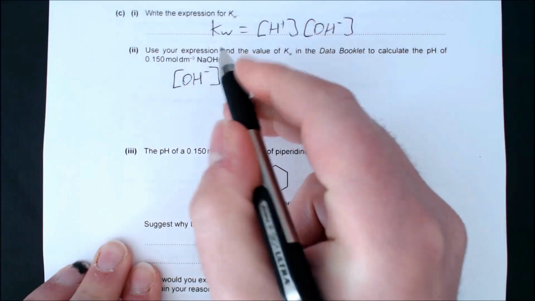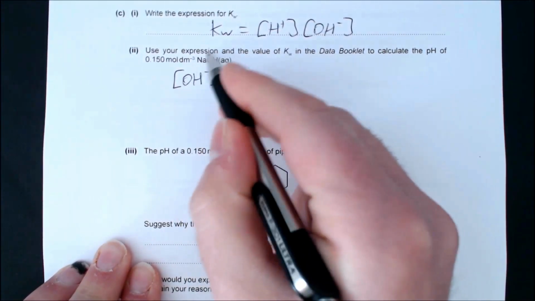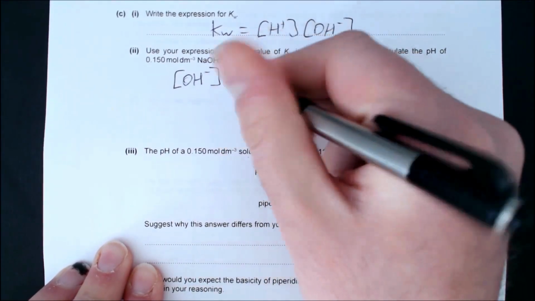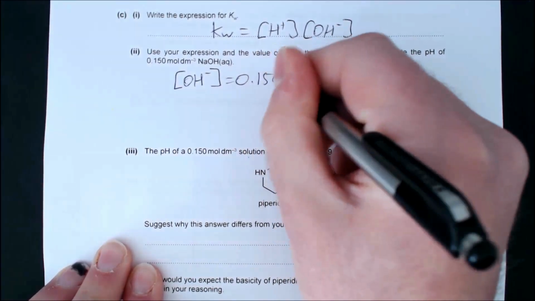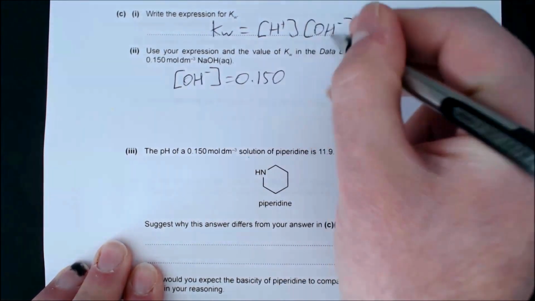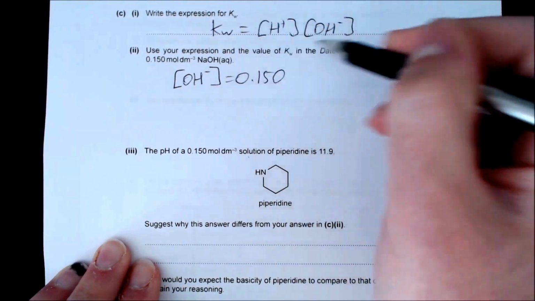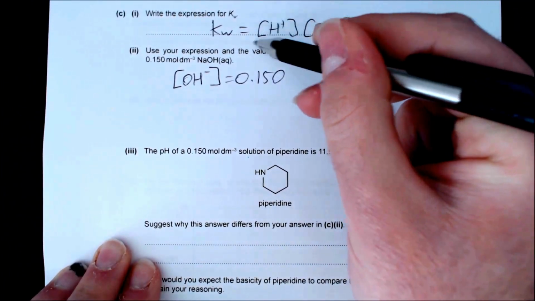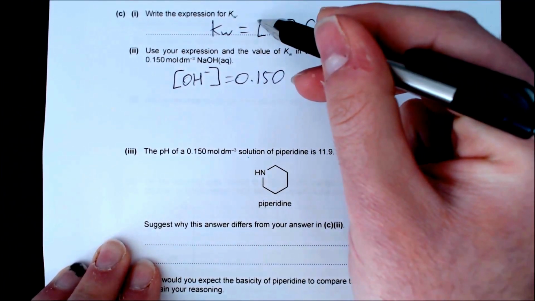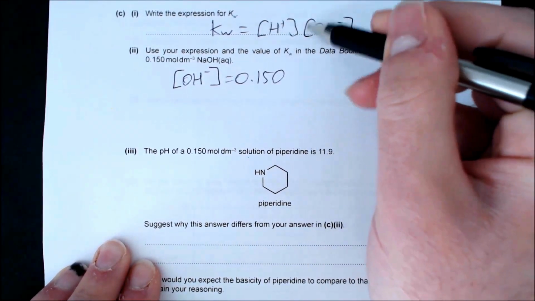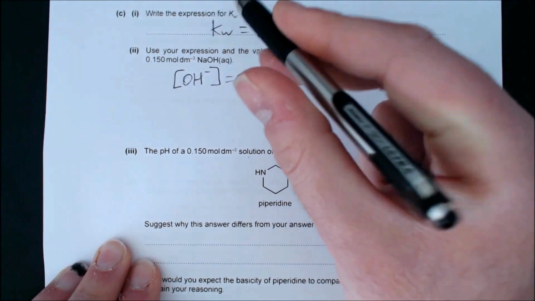It's a strong base, so we assume that the concentration of this equals the concentration of OH minus ions. So we need the concentration of OH minus because this is going to play a part in our Kw. To work out pH, we need to know the concentration of H plus, and then we can put that in our pH expression. But we need OH minus and we need Kw. So that's what we're going to do.